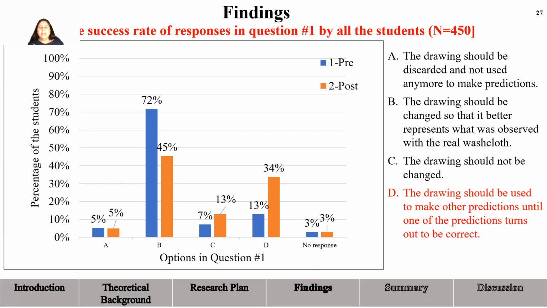That's why they chose option D, that is, the drawing should be used to make other predictions until one of the predictions turns out to be correct. It seems that the students do not understand that once they draw something, they need to change it to represent what actually happened with the real washcloth.